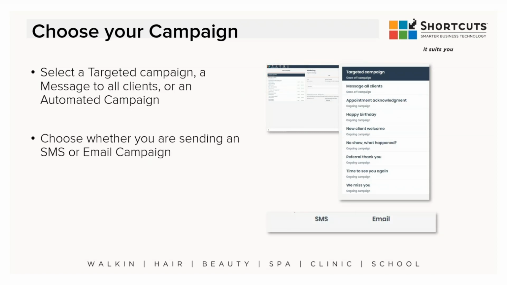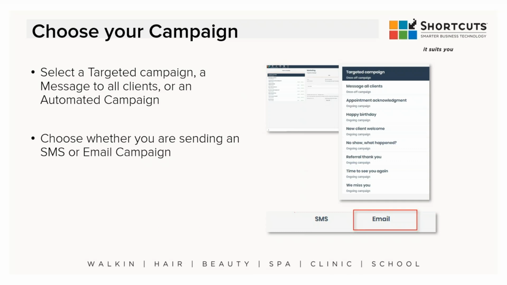The cloud, the marketing option, gives you the ability to do a message to all clients or a targeted campaign to specific customers. Or you have another option to send automated campaigns: appointment acknowledgement, happy birthday, new client welcome, no-show, referral, time to see you, and we miss you. Those are all automated campaigns.